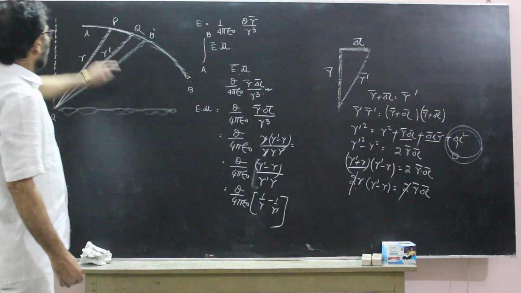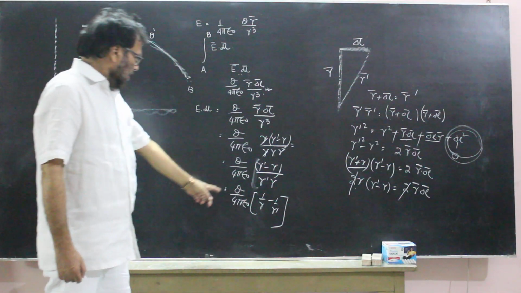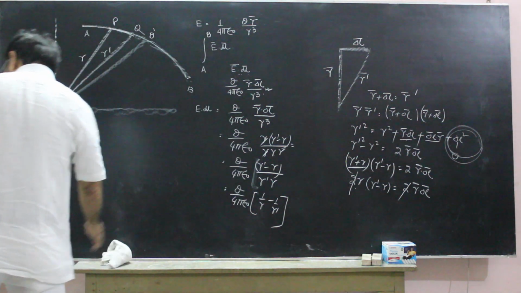So E dot dl from r to r dash is q 4 pi epsilon naught 1 by r minus 1 by r dash.